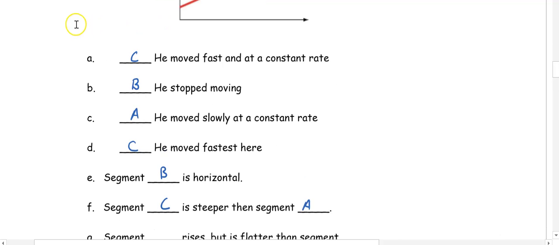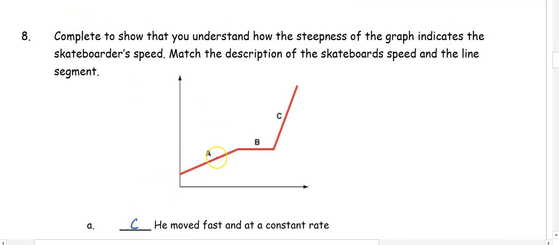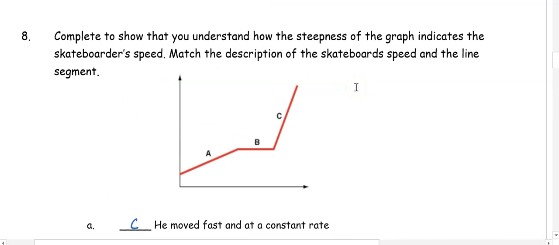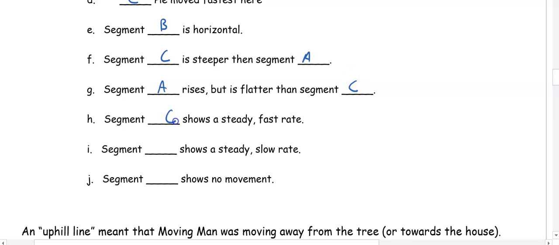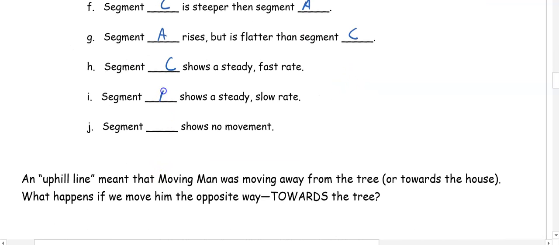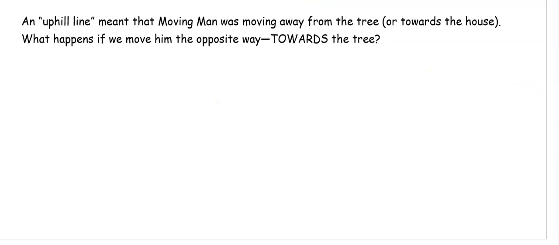The segment rises in A and C, but A is flatter than segment C. So A rises but it's flatter than C. If we're looking for a steady fast rate, that's going to be C. A steady slow rate is going to be A, and no movement is B. So an uphill line meant the moving man was moving away from the tree and towards the house.